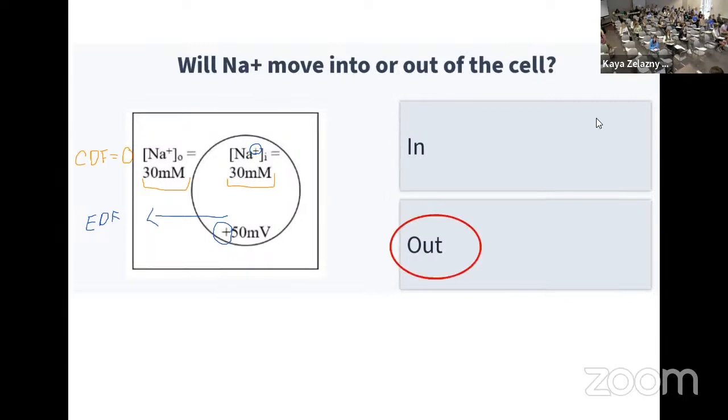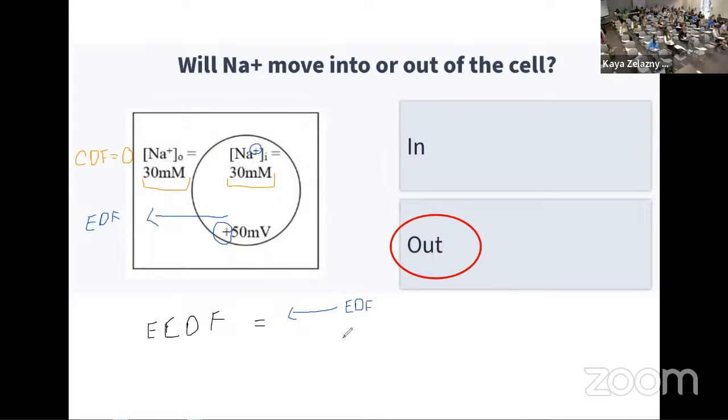So in total, when we look for our ECDF, which is what we need to know the full direction, we would take our EDF, in this case some positive number going out, EDF out, minus 0 for our CDF.